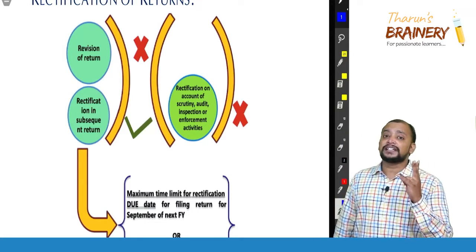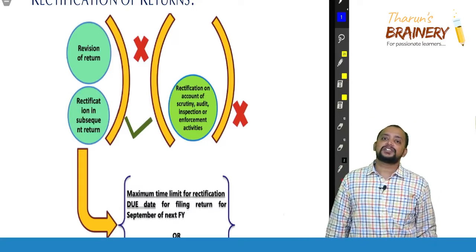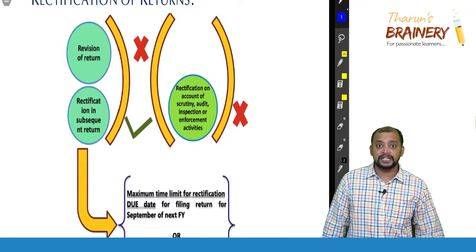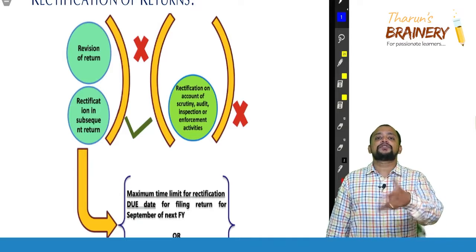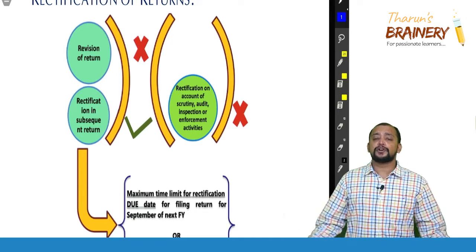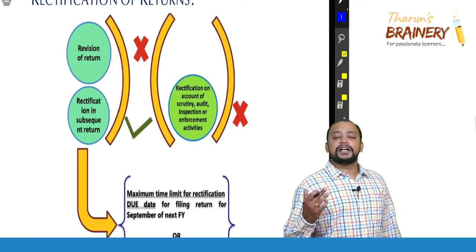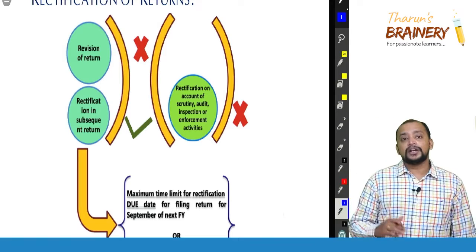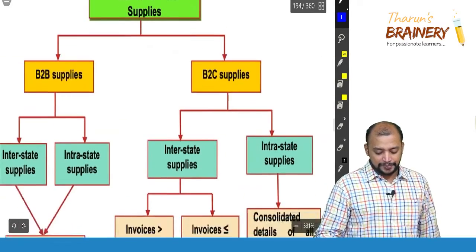And the input tax credit time limit we also came across, that is 20th October of the succeeding financial year or date of filing annual return, whichever is earlier. Now this is the rectification: the due date of the September return of the next financial year, or date of filing annual return, whichever is earlier, will be taken as the deadline by which the return should be rectified. Okay, this is the maximum time limit.